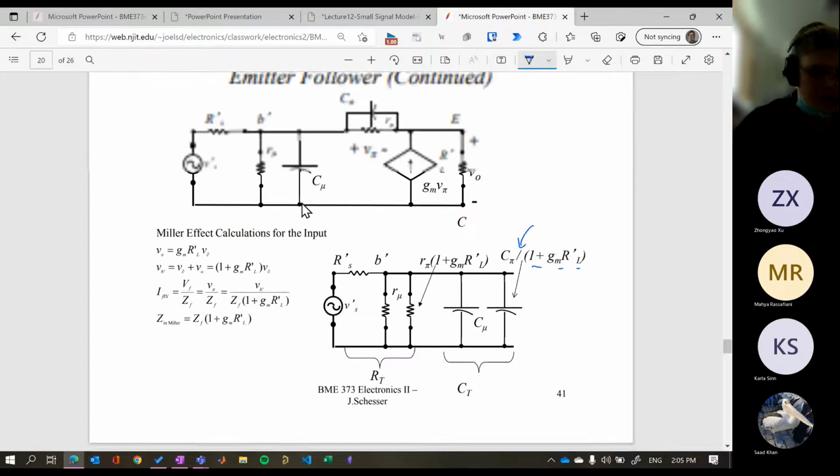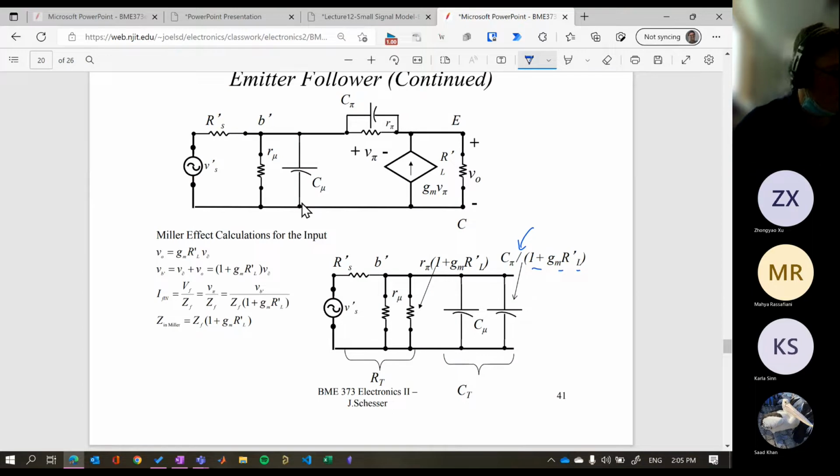So when we start looking at the actual high frequency analysis, we're going to use a method called the open circuit time constant method.